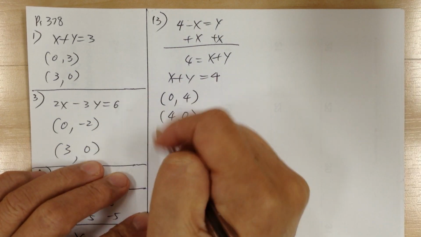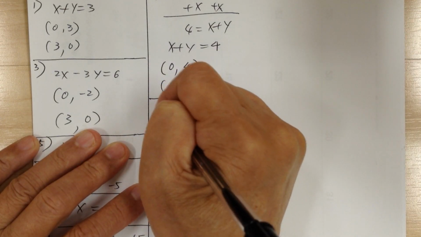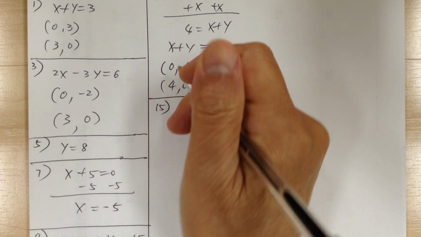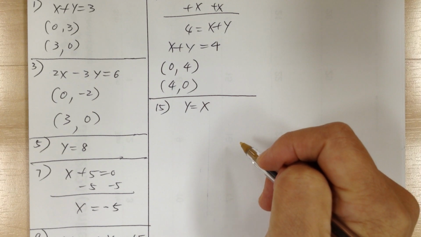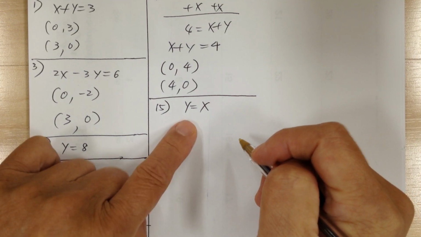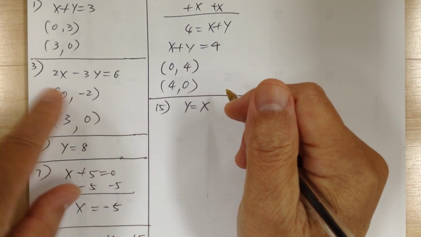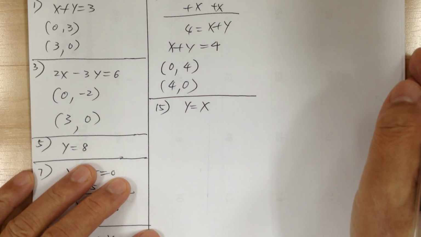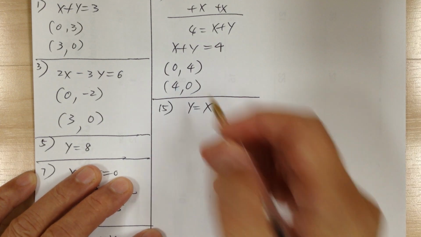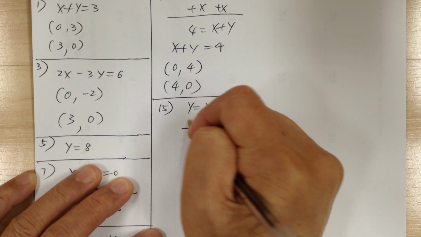Okay, let's go to the next one. Number 15, you've got y equal to x. Again, if it doesn't look familiar, or something looks weird that you're not used to and you have no idea what to do, just make a table.